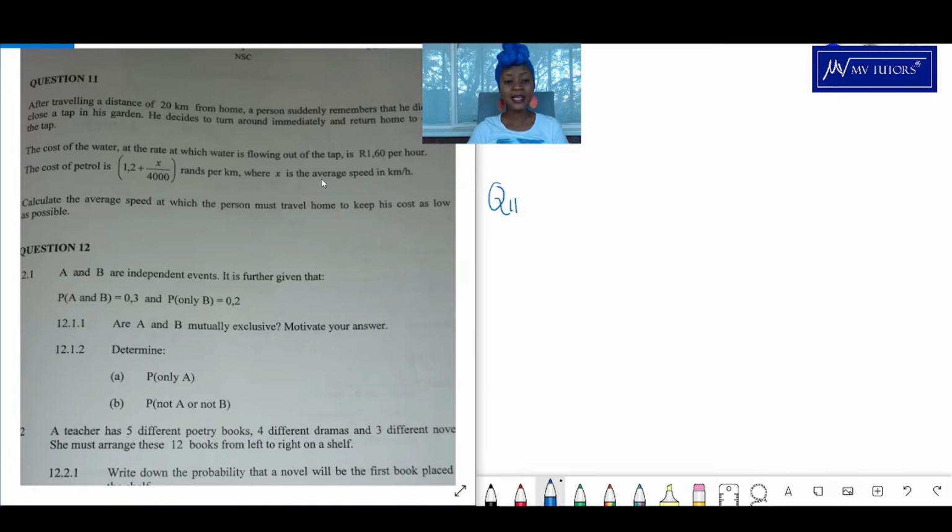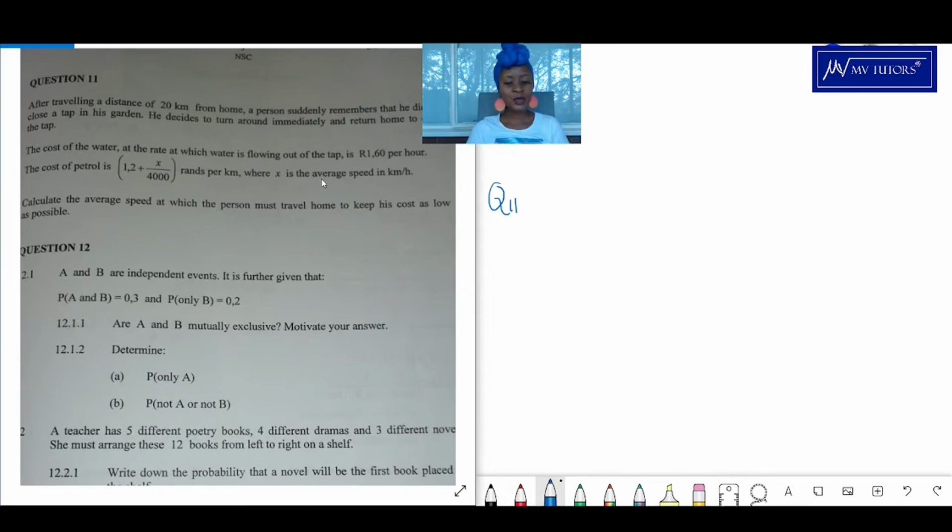Okay, so the average speed being X, we must calculate the value of X so that his cost will be a minimum. If I hear minimum or maximum, I know that differentiation is involved. We're going to have to get the first derivative, make it equal to 0, and then solve for X. But now, what is the equation for X?